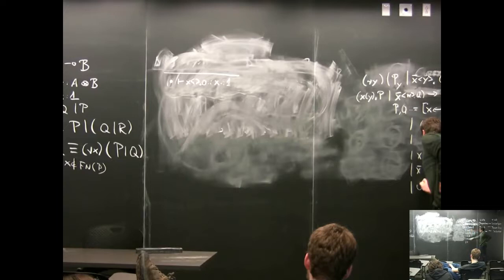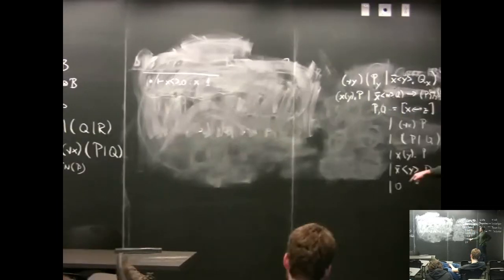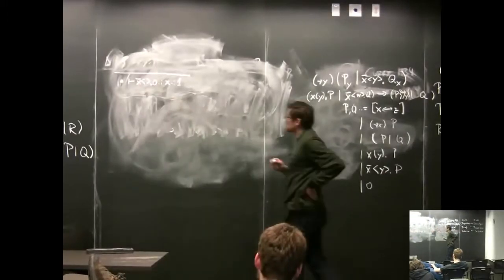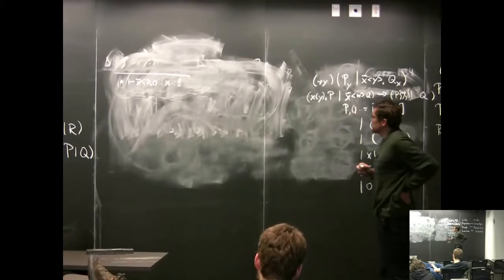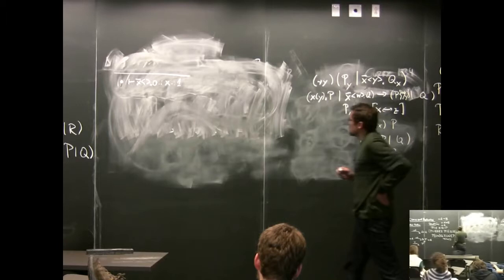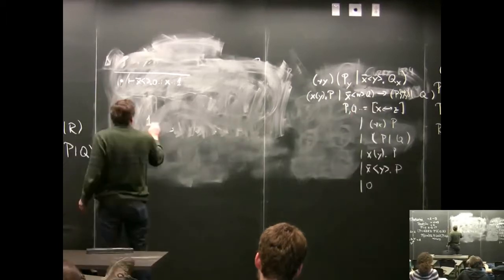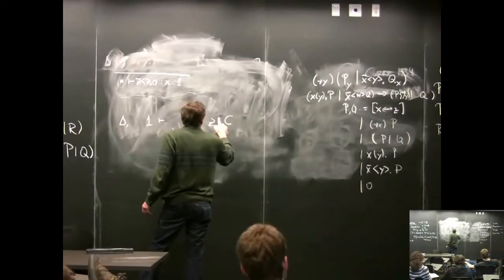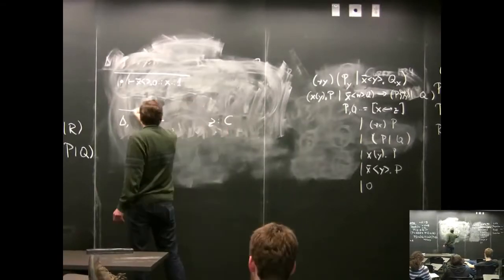And we also have a version of input and output which take no arguments. I should probably write an overline here to emphasize this is an output. And then the left rule is usually like this. We have delta, we have 1, and we're trying to prove C, and we just throw away our resource.